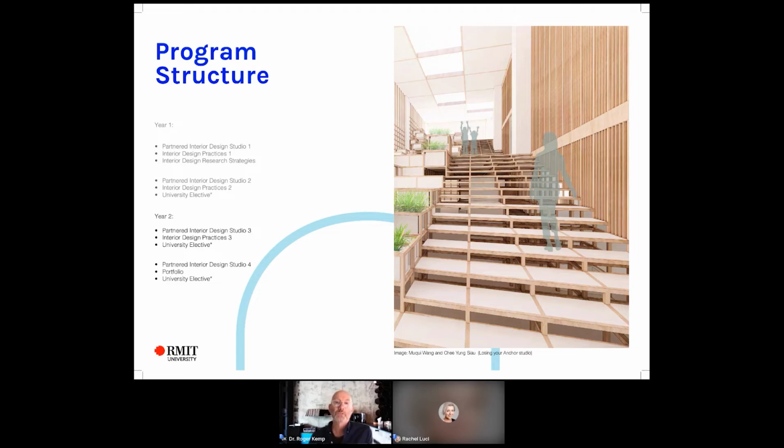So we basically take students out of our context and put them into other parts of the university, such as engineering, such as fine art, such as business, and students get to select these university electives.